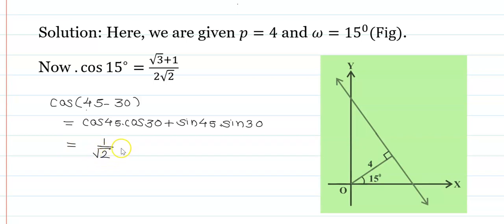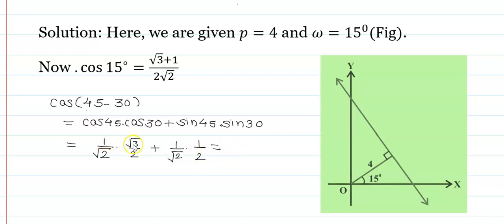And cos 30 is root 3 upon 2, plus sine 45 is 1 upon root 2, and sine of 30 is equal to 1 upon 2.